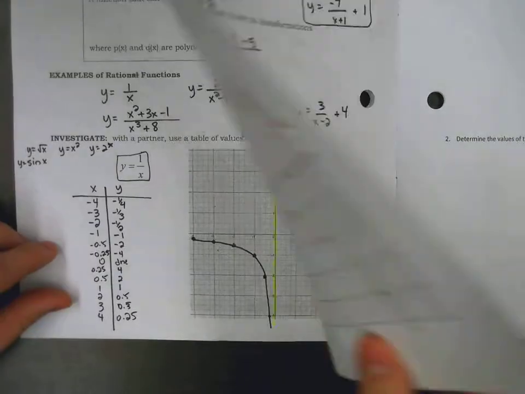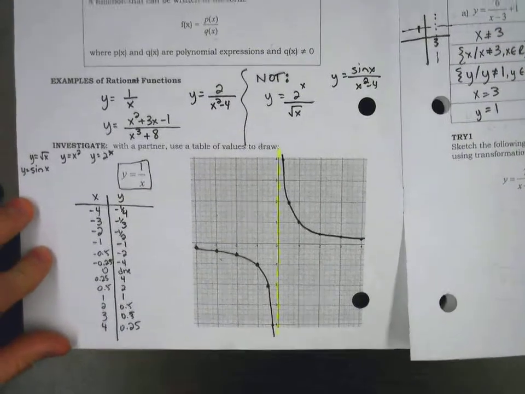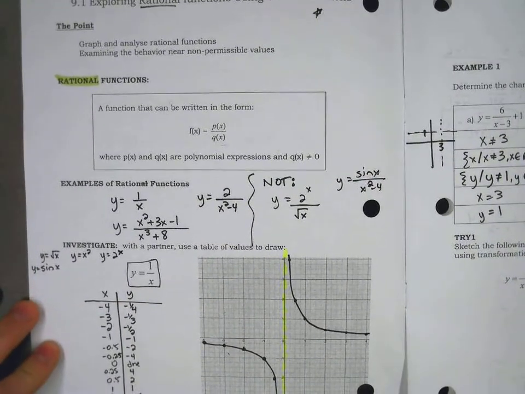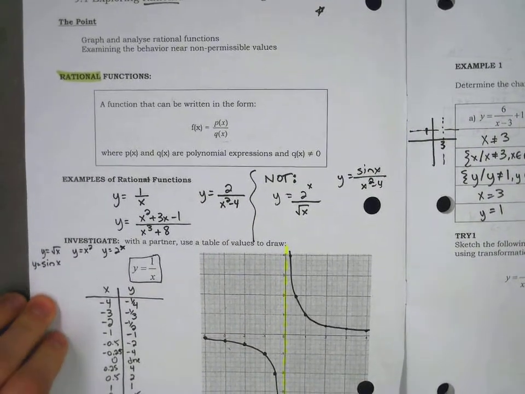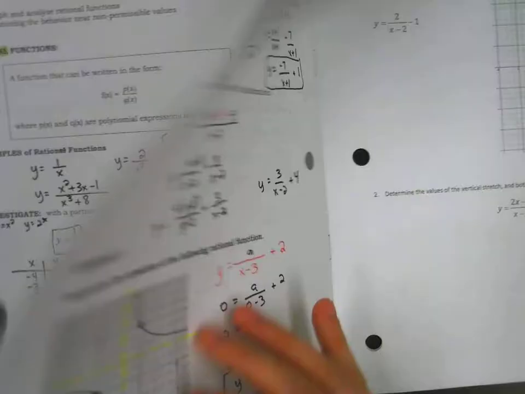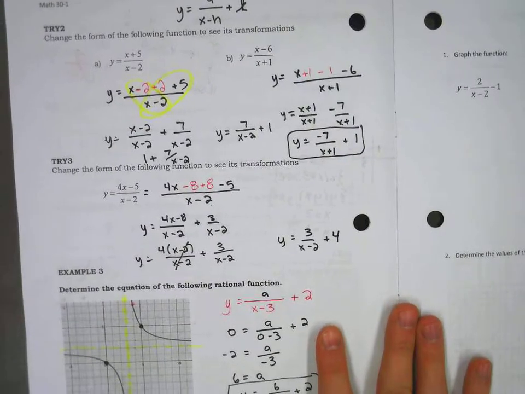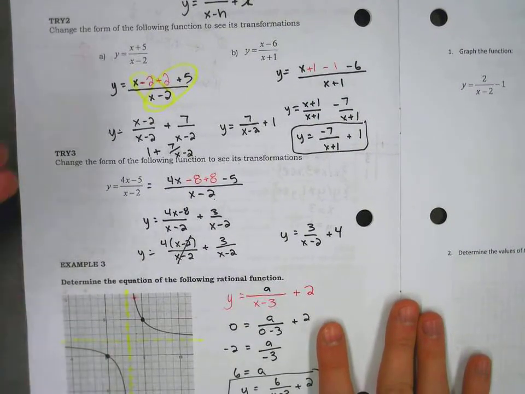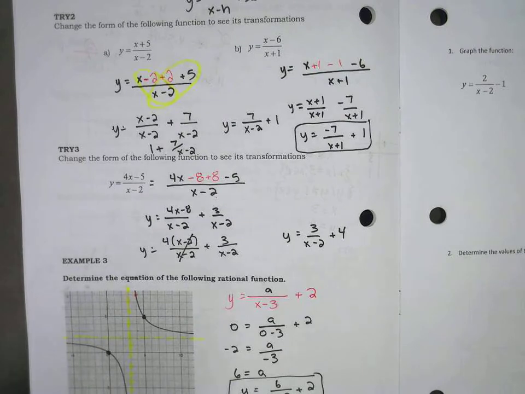Otherwise, we were talking today about the base function for 1 of x, what is a rational, talking a little bit about characteristics and sketching, and then lastly, really just trying to interpret graphs or interpret non-standard notations. That is your first lesson in rational functions. Good luck.